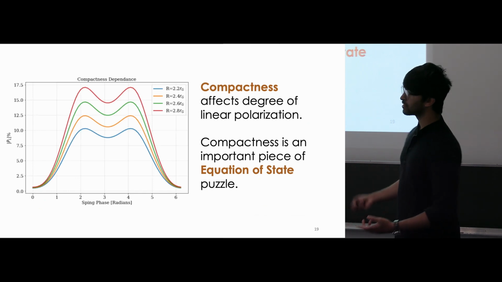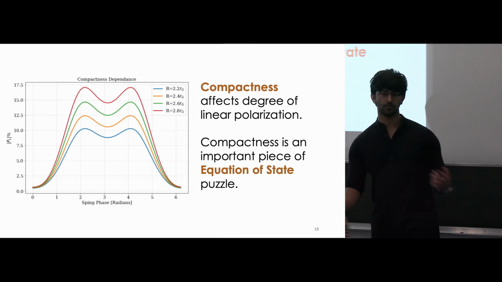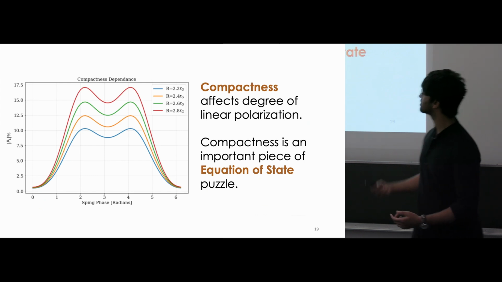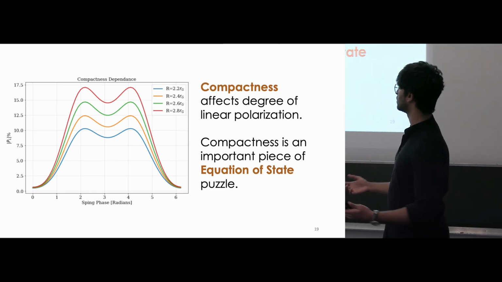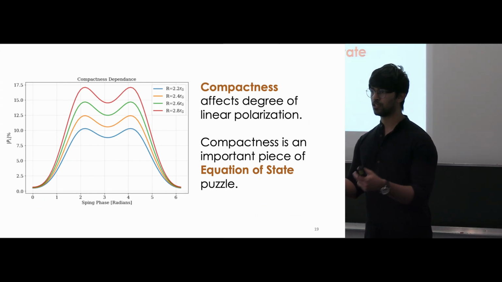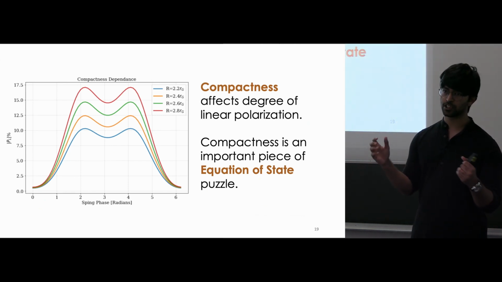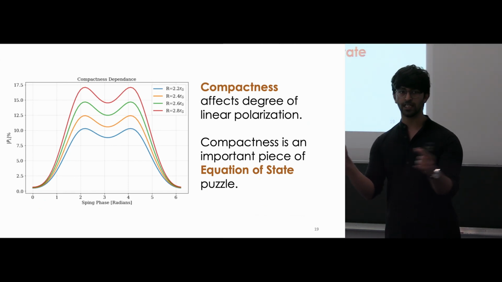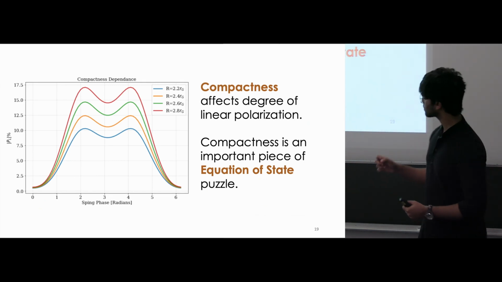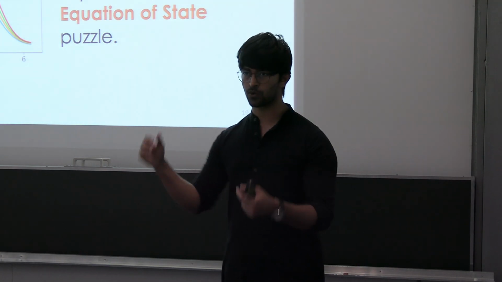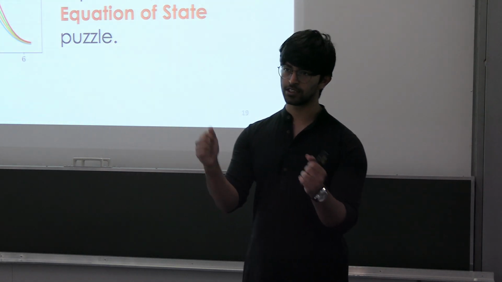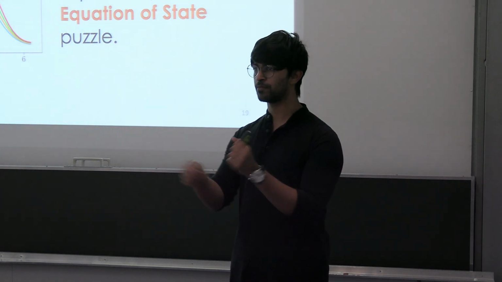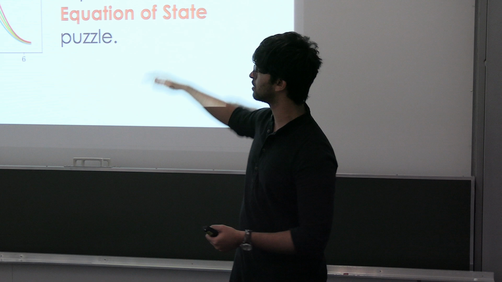But there are other physical parameters which affect the kind of polarization pulse profiles that we'll see. One of them obviously is the compactness, because as I said earlier, the more compact the object is, the more is the effect of gravitational lensing there, and the more of the surface we see at once. Because we're seeing more of the surface at once, the different polarization attributes get mixed, and then the total degree of linear polarization drops.